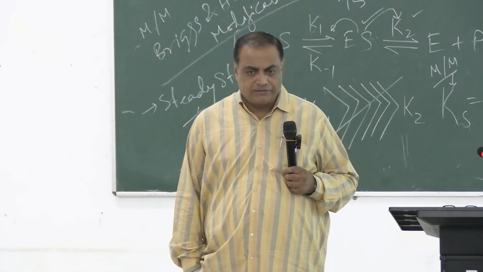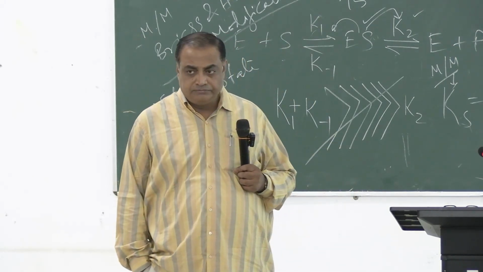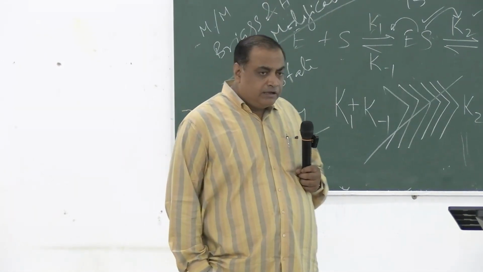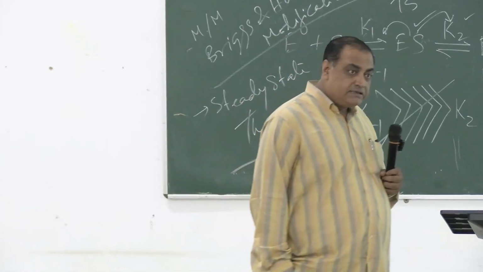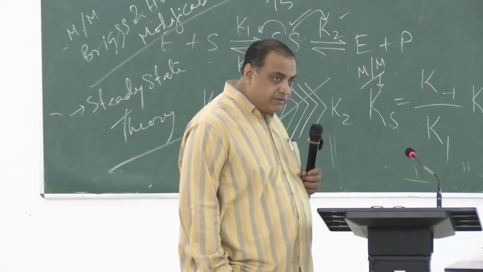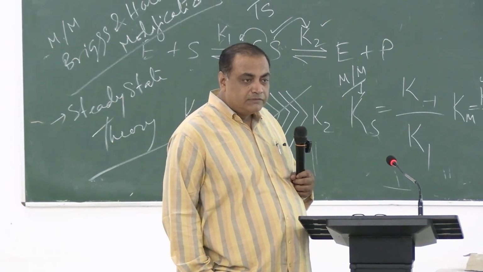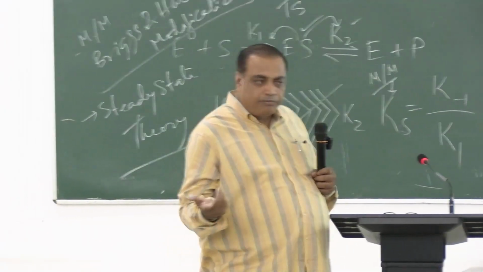Because it is being utilized. At the same time, the product concentration will start increasing, the blue line. Then the free enzyme concentration starts to decrease, but not to zero. Why? It cannot be zero. At least some enzyme will remain free, otherwise the reaction will stop.